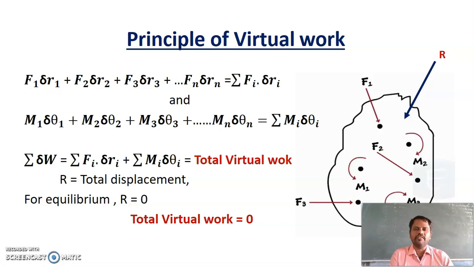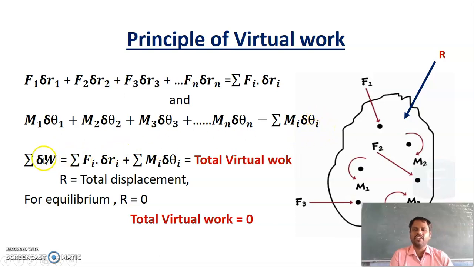The total virtual work due to linear forces is the summation of Fi dot delta Ri. Similarly, the total work done by the moment couples by angular displacement is given by the summation of Mi delta theta i.